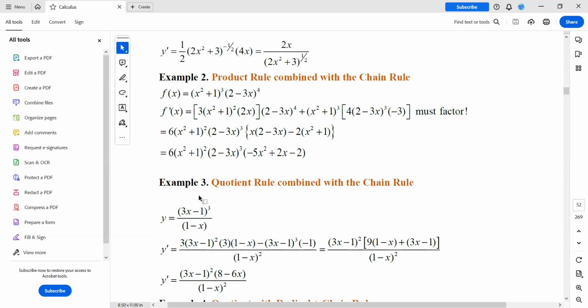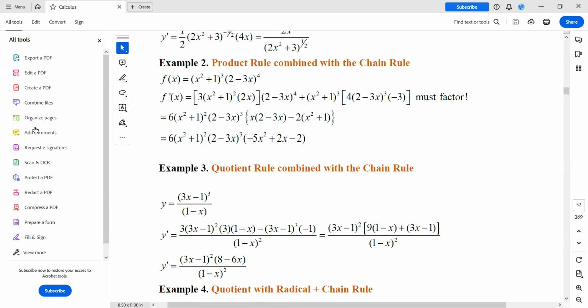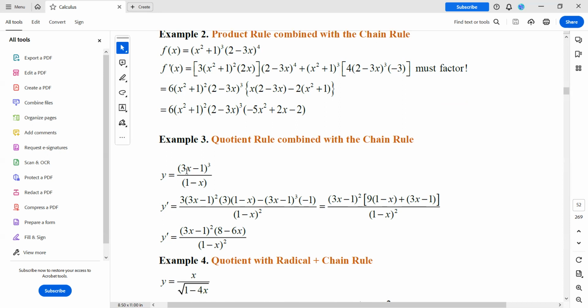The same can also be done for quotient rule. So you know your f of x, you know your g of x. What you basically do at this point is take the differential of f of x, which is what you have here, times g of x, which is this, minus f of x, which is this, times the differential of g of x, which is this, over g of x all squared, which is what you have here.